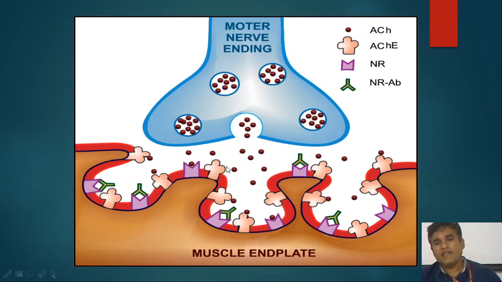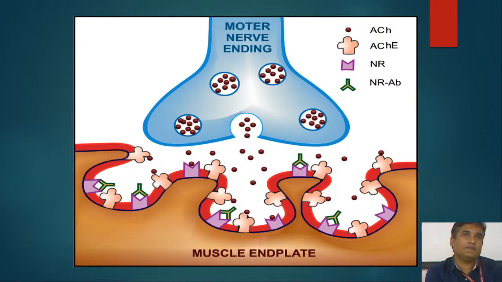Its availability at this site is greater, so more acetylcholine is available to act on the free receptors and improve muscle contraction, which is beneficial in the myasthenia gravis patient.